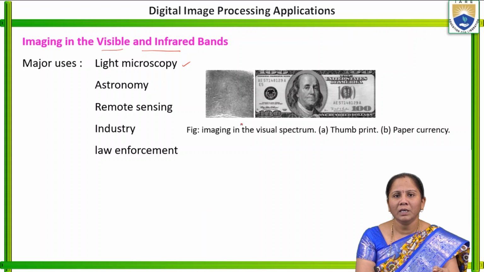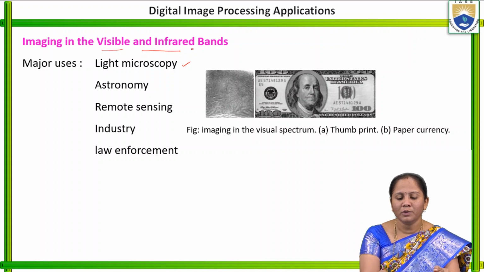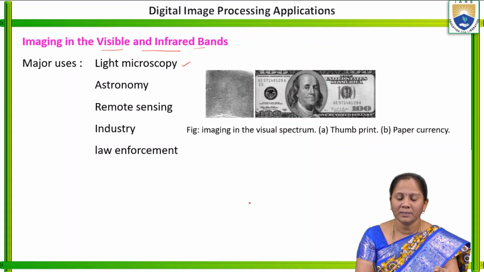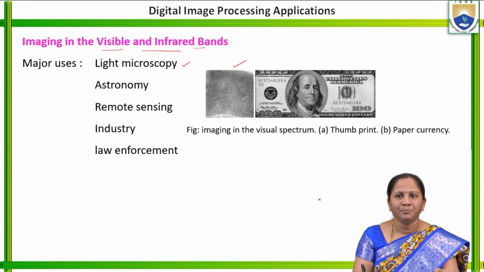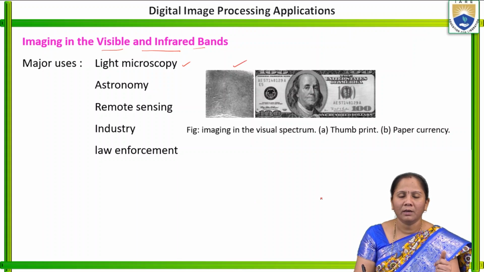Here we can see some example images captured by using the visual and infrared bands. The first image is an image of a thumb print, captured in the range of the visual spectrum.